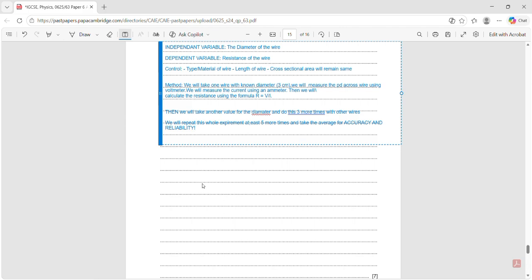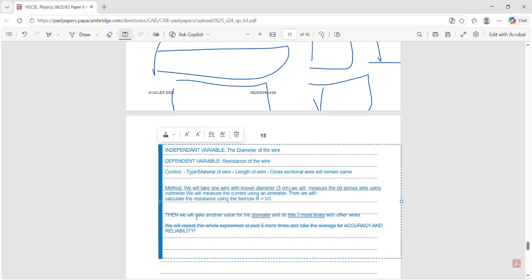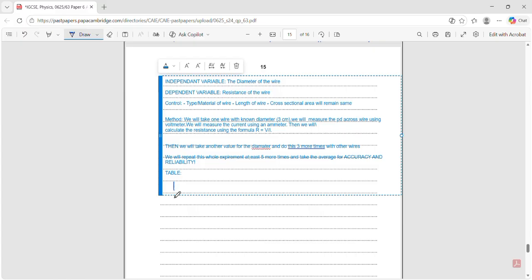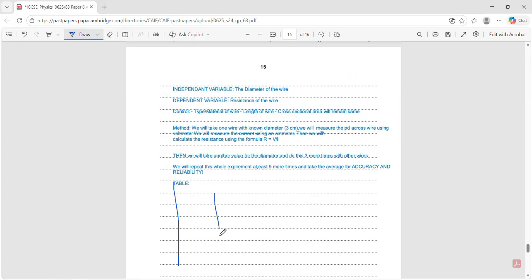Then comes the table. In the table we have to draw just 3 things: the voltage, which will be in V, obviously you have to write the units.